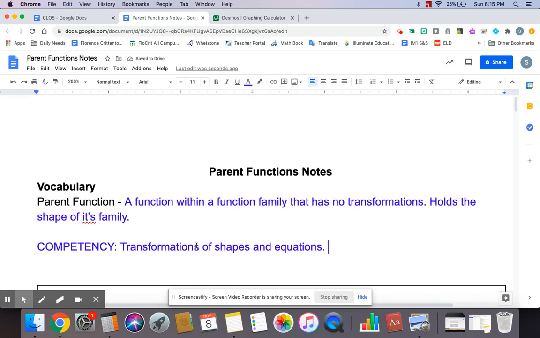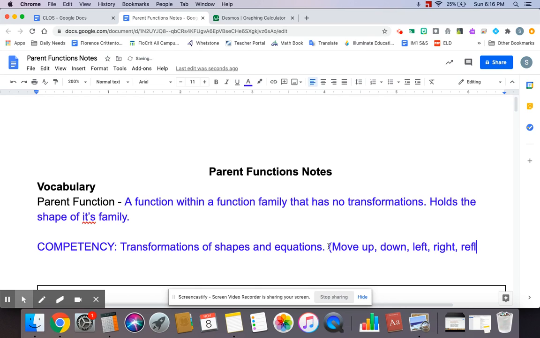Remember the transformations. I talked about this in the deep dive for the last lesson. Transformations are ways that you change something. You can transform something by doing a lot of things. You can move it up, down, left or right.